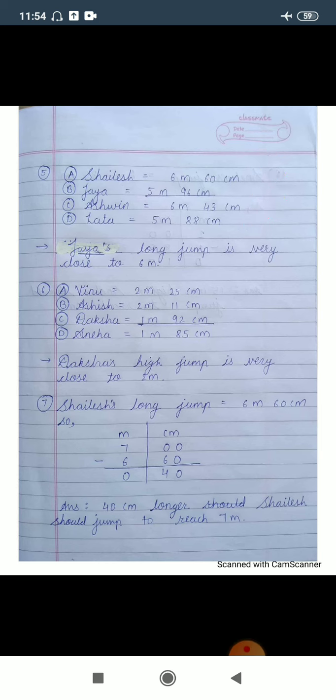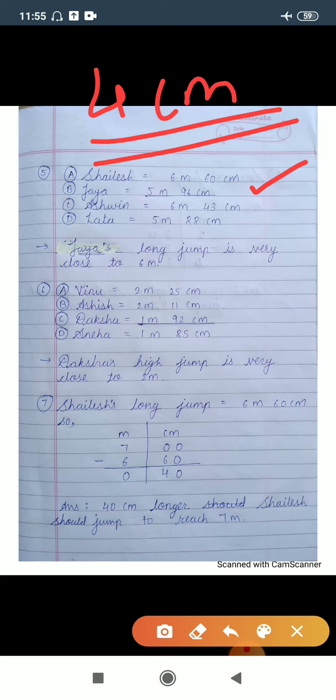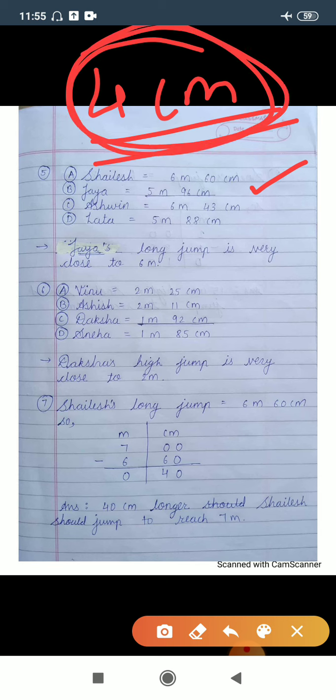So you can see here Jaya is the only one who is very close to 6 meters because she is 4 centimeter far from 6 meter, and it is a very short distance. That is why our answer is Jaya.